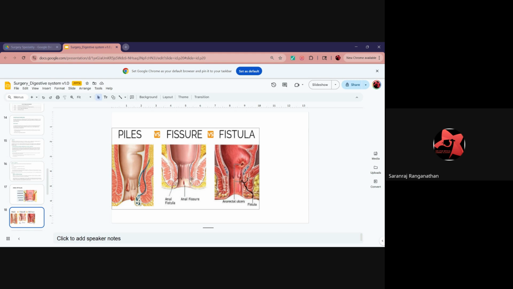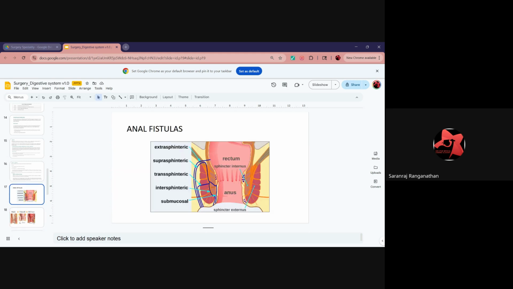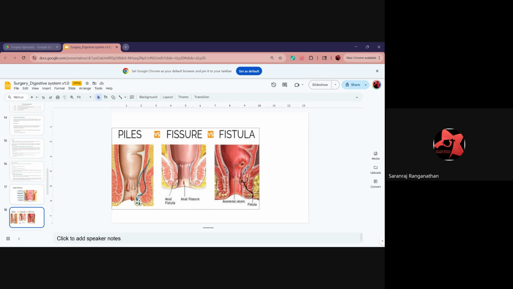Okay, only cracks. But an anal fistula means some openings will be there because of pressure, not from the anus area itself, but nearby where the sphincter muscles are. In these places, some openings can happen. That is a fistula. You can see this is the buttock muscle area.